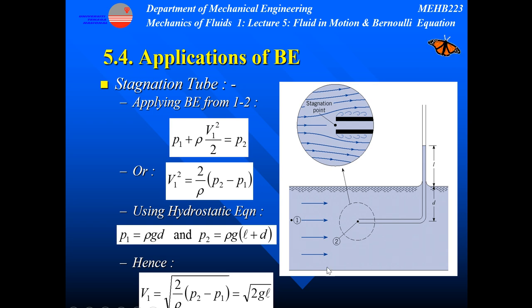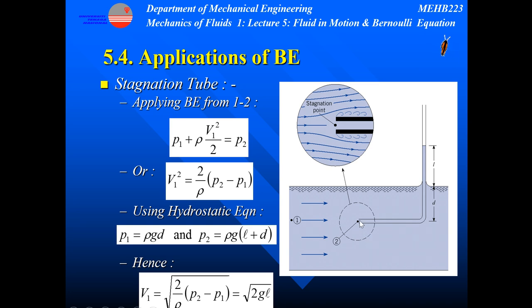The flow is very fast here, and suddenly you have a very small opening, a very small area of the tube. Therefore, at the entrance of the tube, the fluid is said to be stagnant. Stagnant means it's not moving.